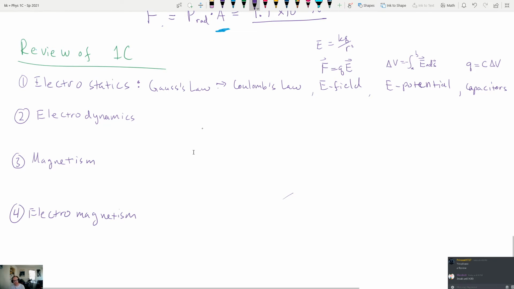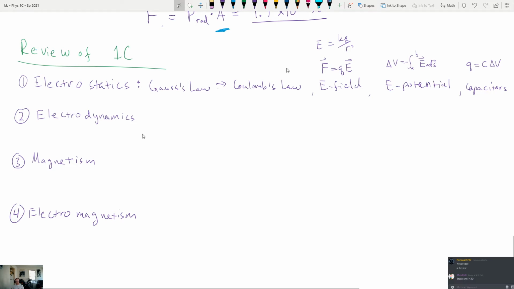I've talked to engineers, and when they look back at their 1C classes, they liked everything they did. They liked the circuit stuff, they found induction really cool, and they liked magnets. But the one thing everybody hates is all these different electric field derivations for different shapes. It's understandable. It's pretty complicated.